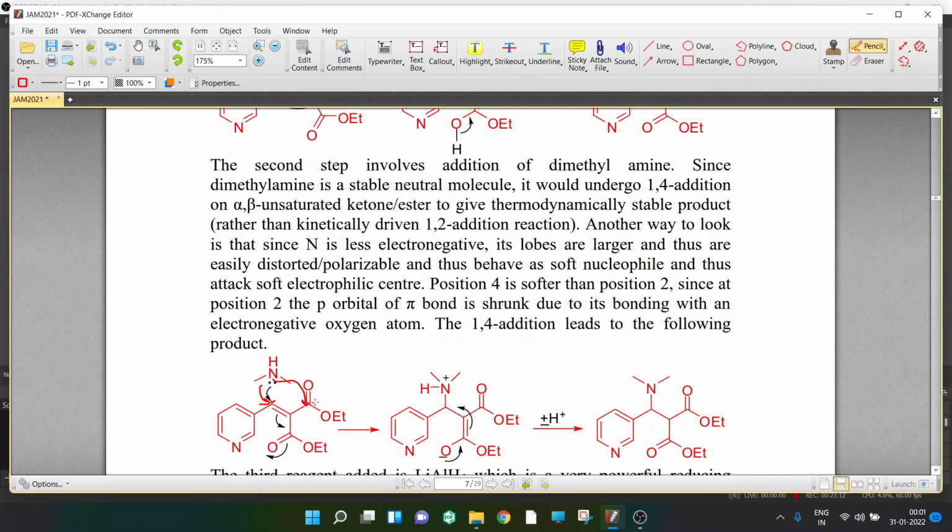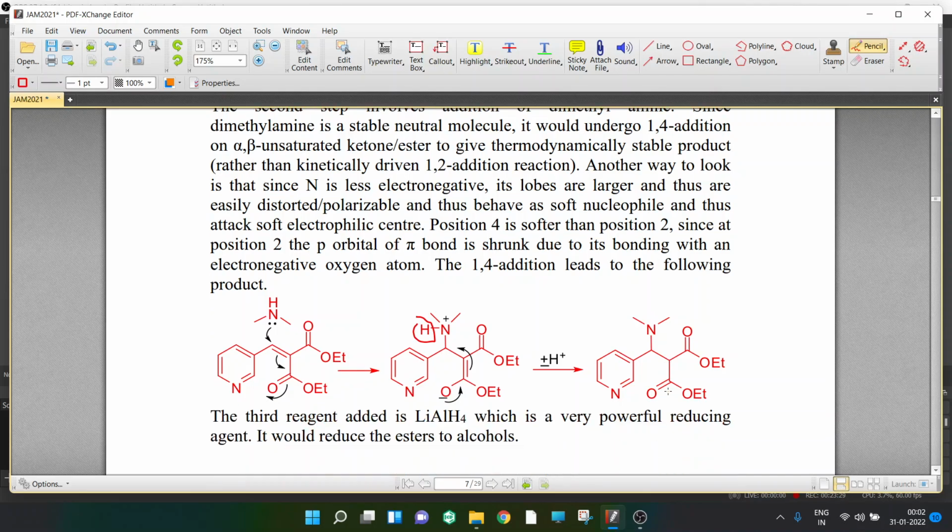The carbonyl would have been a much harder center, as we talked about previously. So here also it will attack the soft center, so that it undergoes a kind of 1,4 addition. So this goes and attacks here, this comes up here, and this goes down and takes away a proton from here, and you get addition of this amine.